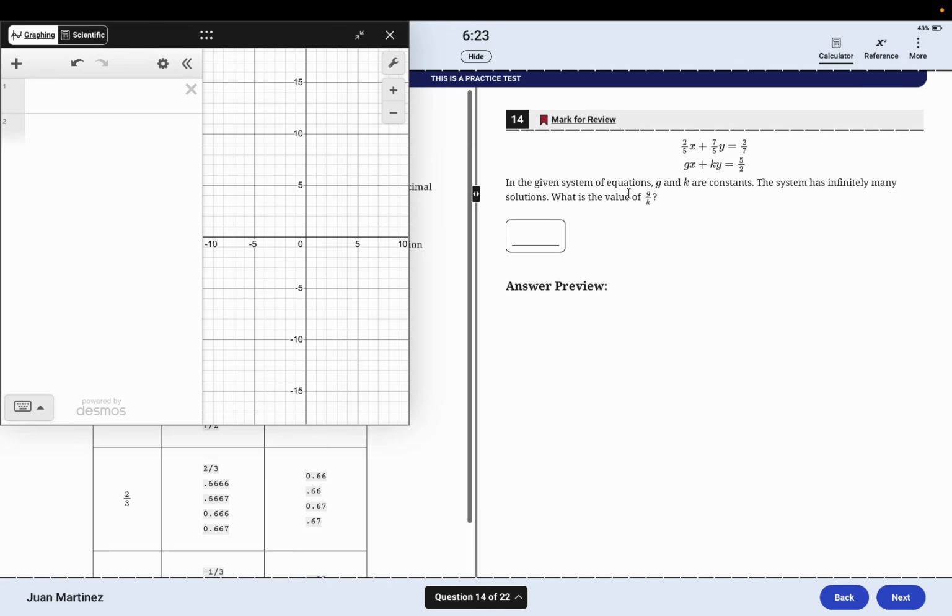This will take a while, so give me a second. X plus 2 over 7. 5x plus 2 over 7.